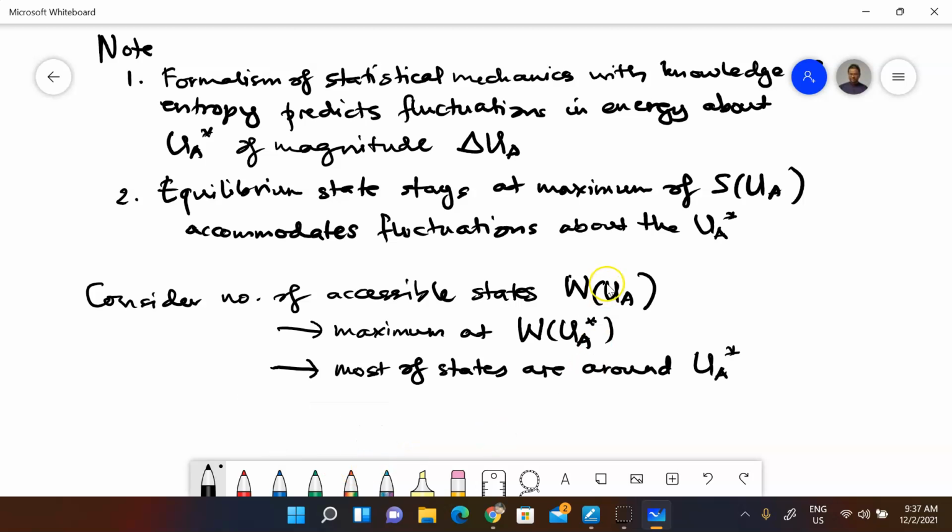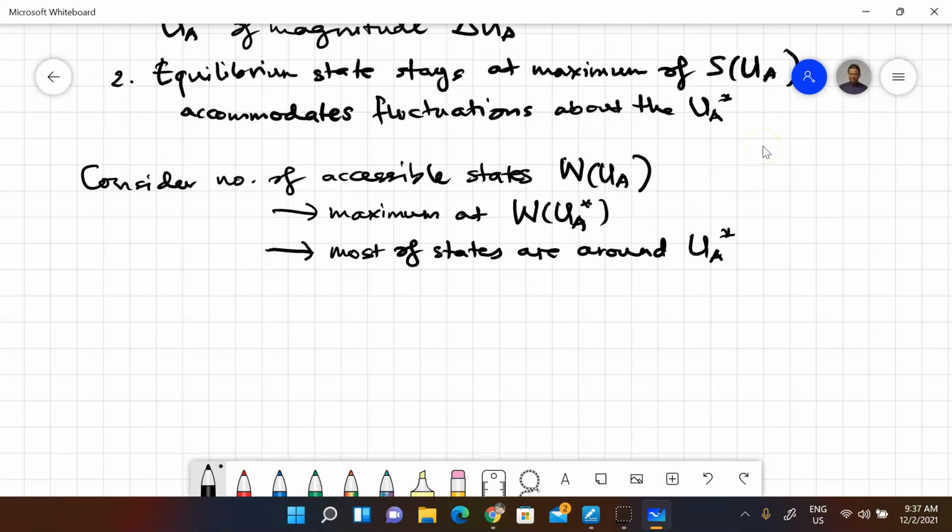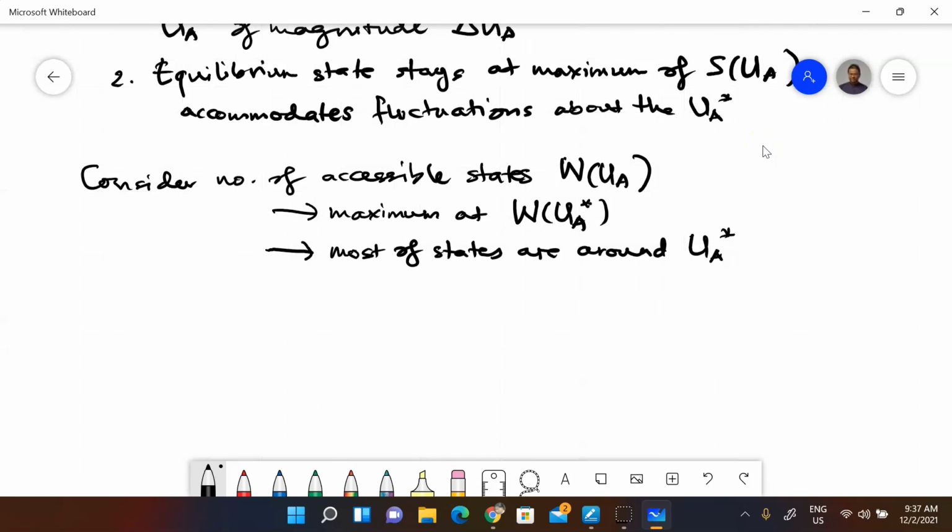So let's recall what we had earlier about classical and statistical probability. In this particular case, you have to consider the relative frequency of a particular energy state.